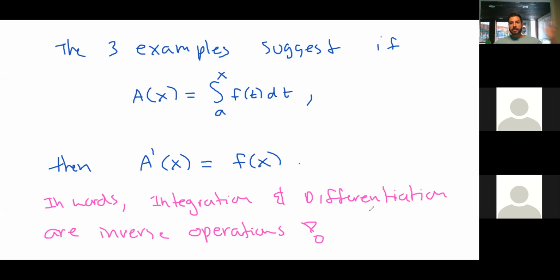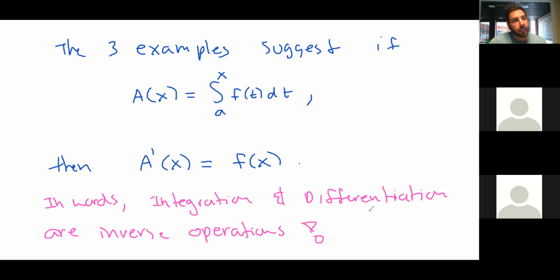Just like adding and subtracting undo each other. Multiplication and division undo each other. Square roots and exponent power 2 undo each other. The derivative and the integral are inverses. They undo each other. That's what we're thinking.